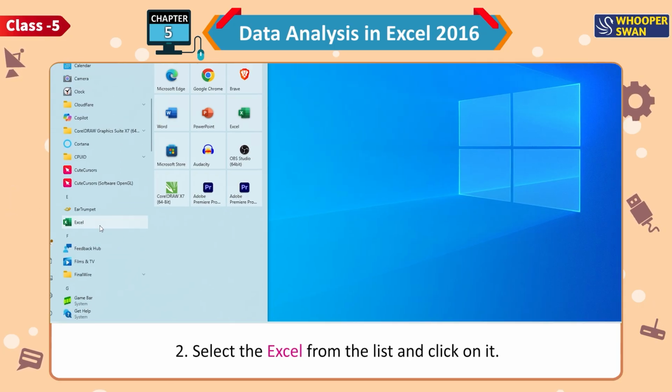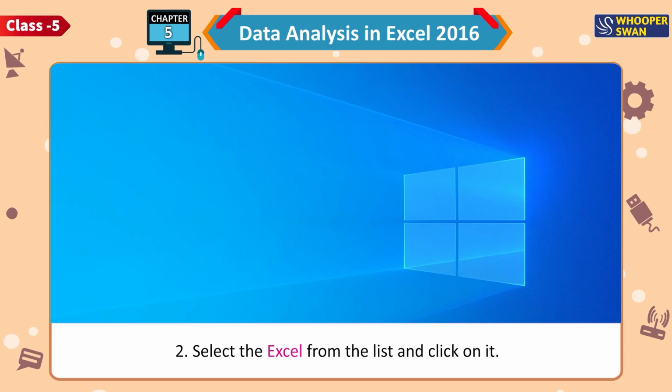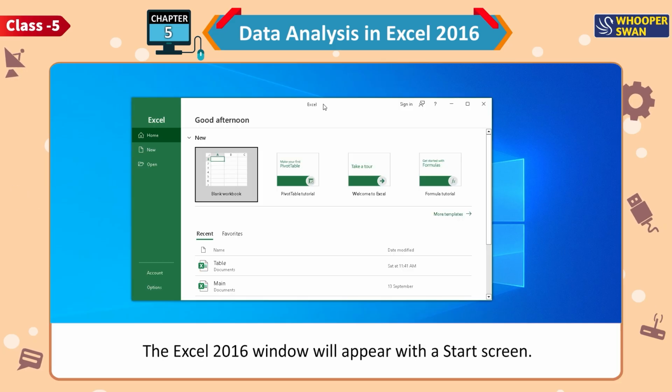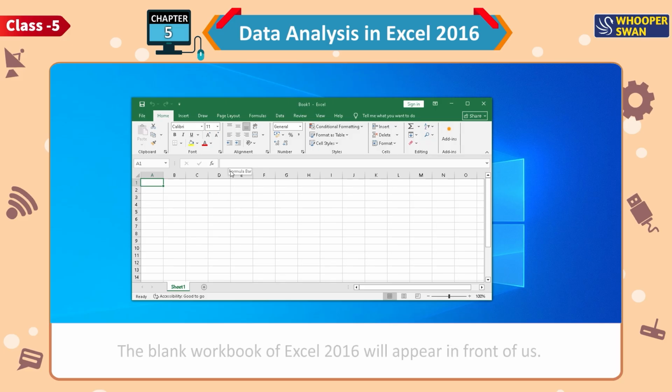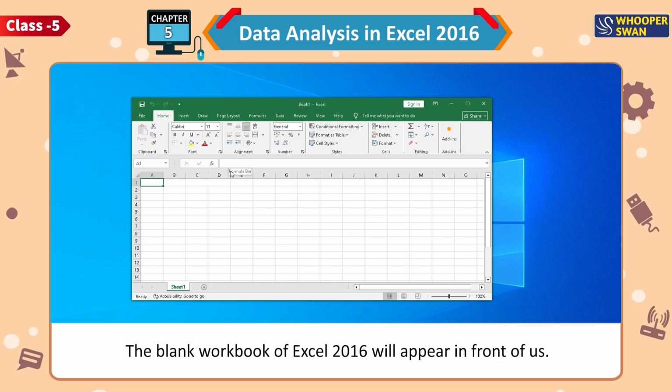Select the Excel from the list and click on it. The Excel 2016 window will appear with a Start screen. Step 3. Click on the blank workbook. The blank workbook of Excel 2016 will appear in front of us.